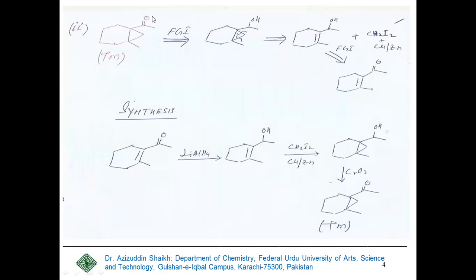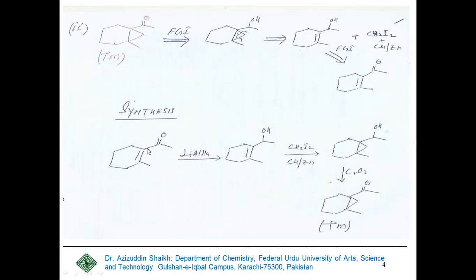The carbonyl group is converted into hydroxyl group by reduction, and cleavage of two bonds. This is the cleavage of cyclopropane into alkene, and this is the carbene. And again the FGI, the OH is converted into carbonyl group by oxidation. Now the synthesis.